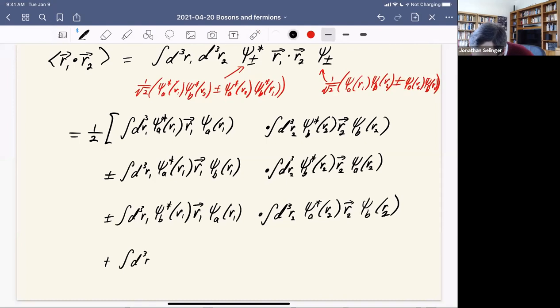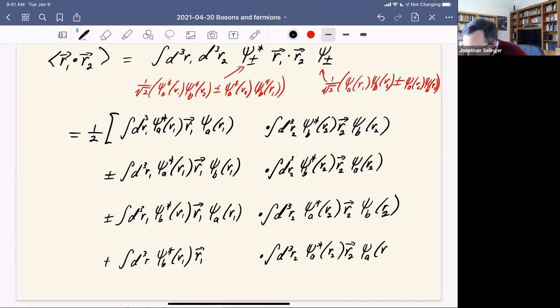So plus integral over R1, integral over R2, psi A star of R2, psi B star of R1, R1 dot R2, then psi A of R2, psi B of R1.